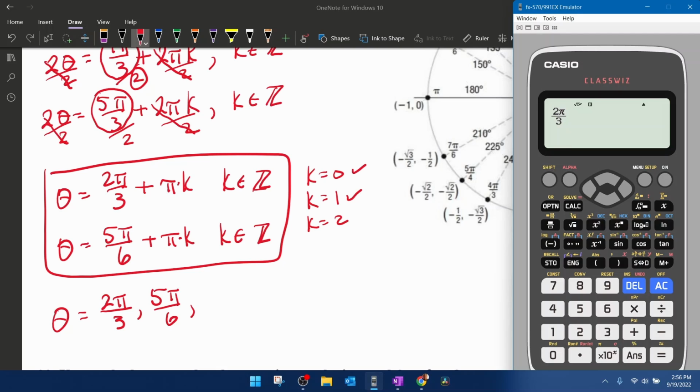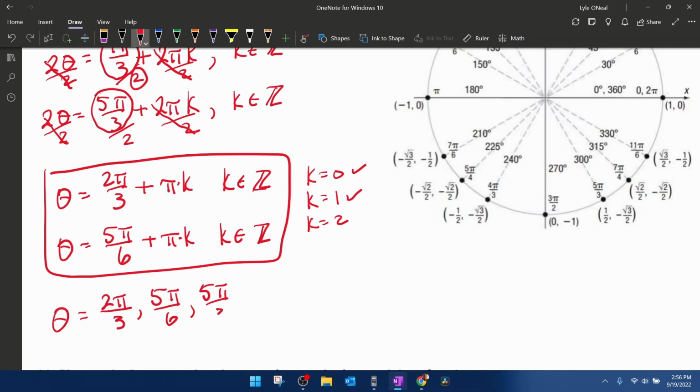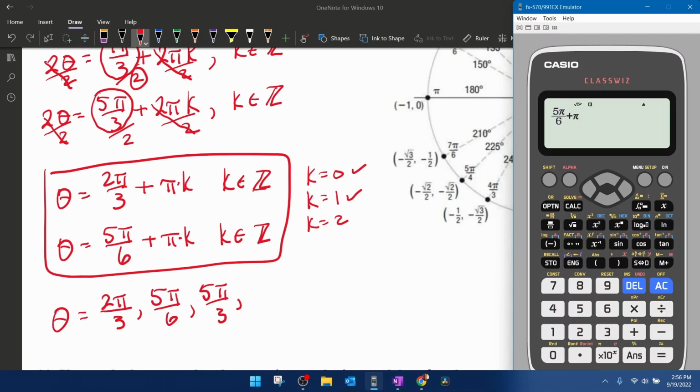So 2 pi over 3 plus pi gives us 5 pi over 3. And we also need to do 5 pi over 6 plus pi, giving us 11 pi over 6.